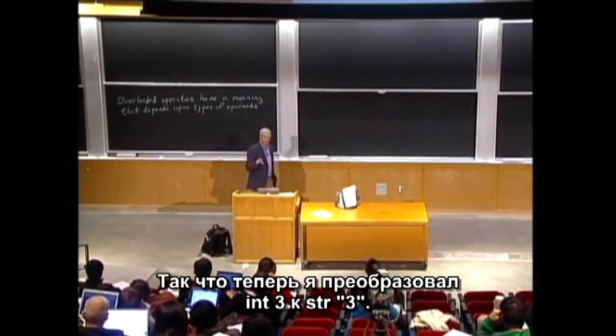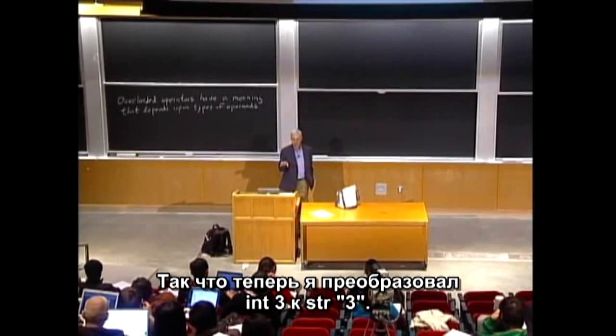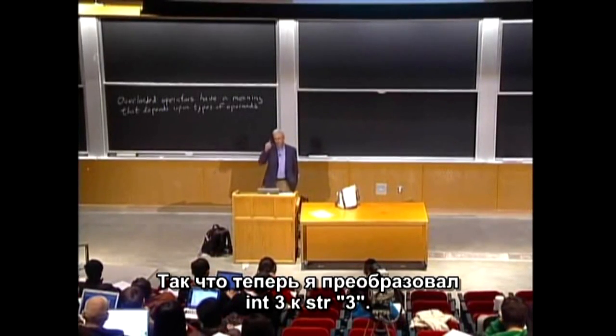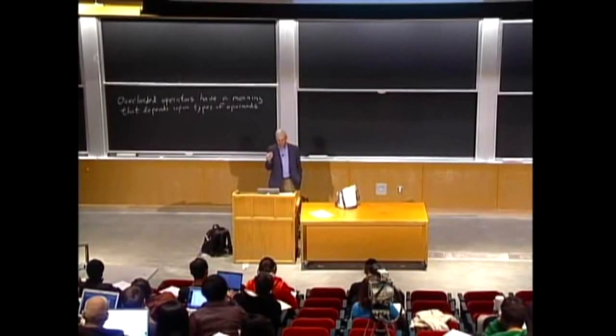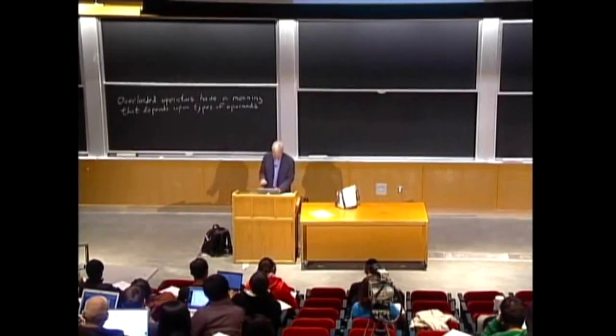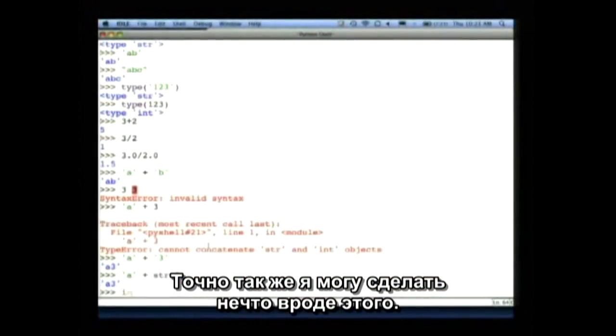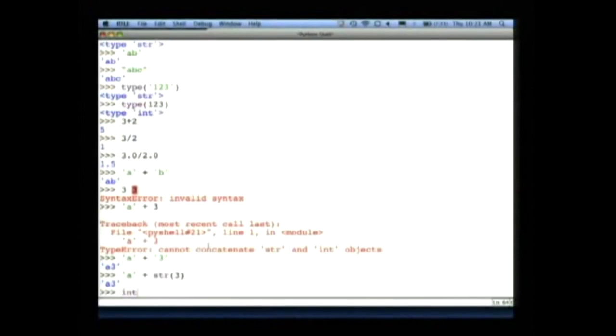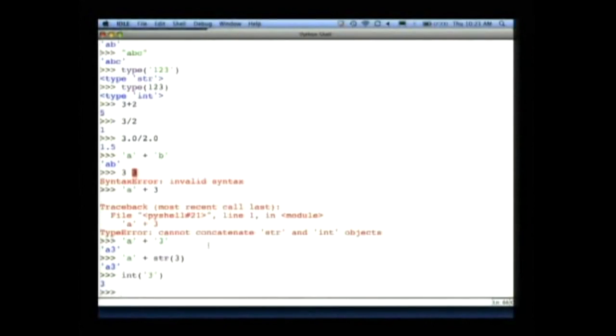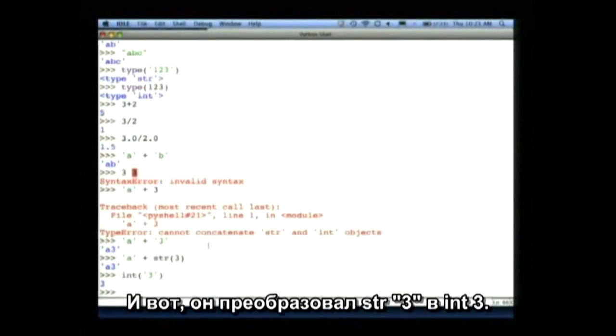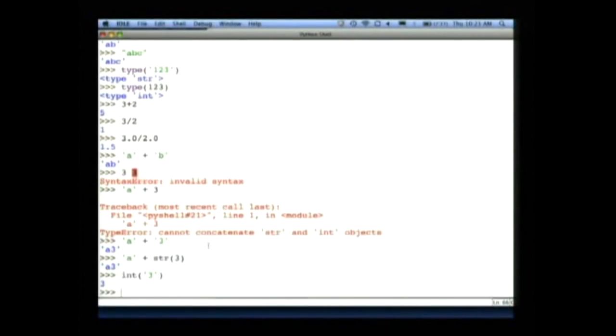So this has now converted the int 3 to the str quote 3 quote. Similarly, I can do something like this. And here it's converted the string quote 3 quote to the int 3.